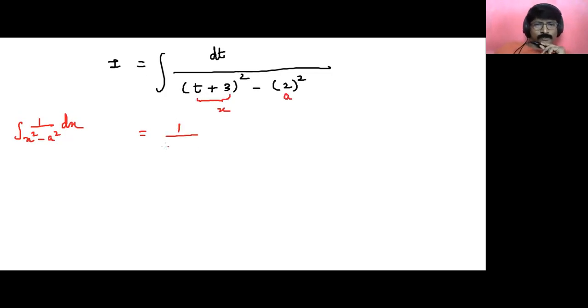So what is the formula? 1 upon 2a, so 2 into 2, log of mod of x minus a, that is t plus 3. In the numerator it will be minus a and in the denominator it will be plus a.